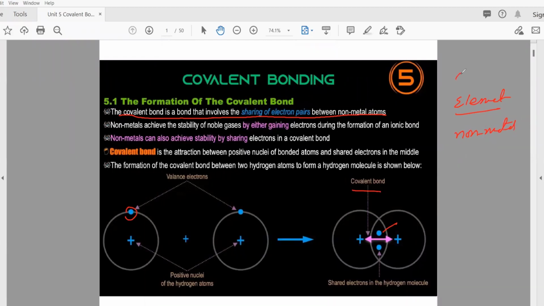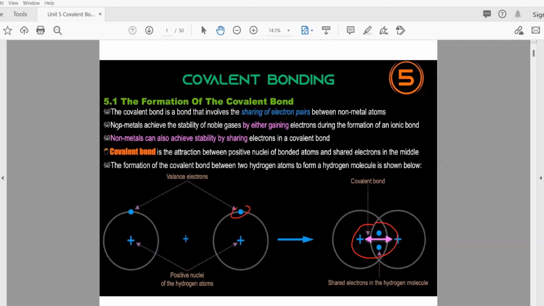When we talked about ionic bonding, if you remember, it was between metals and non-metals. Covalent bonding is between non-metals and non-metals.